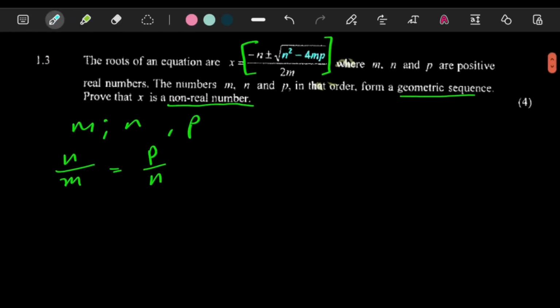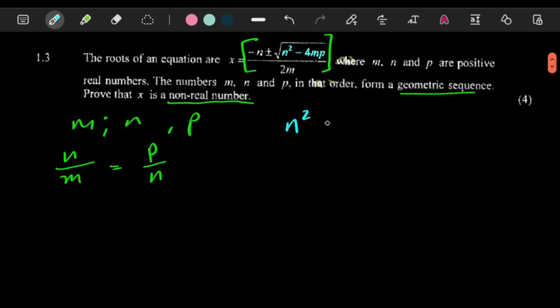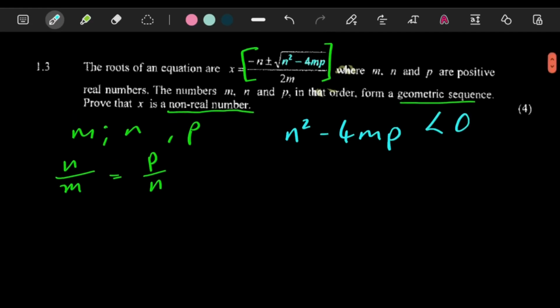The bottom part here is n squared minus 4mp. You want to prove that this is below 0. The issue is we have 3 variables, and that's not very nice. But the good news is there's n here already.